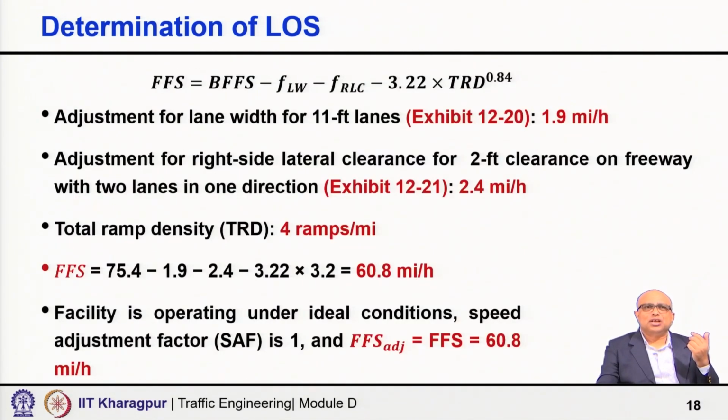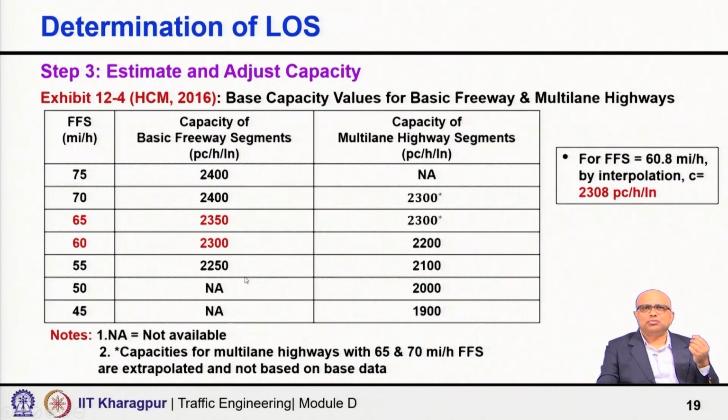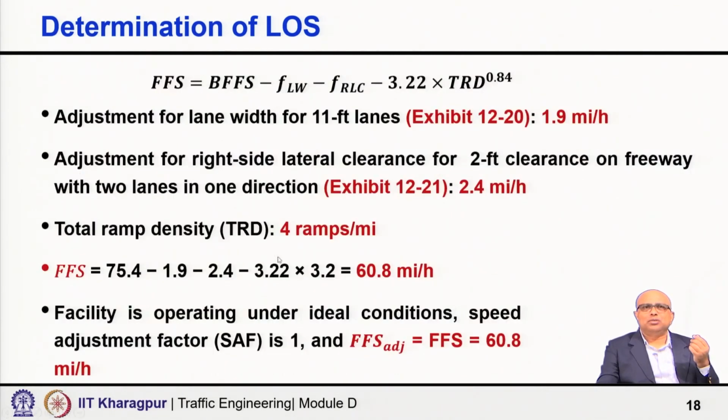So, use 75.4 minus 1.9 minus 2.4 minus 3.22 times TRD to the power 0.84, which is 3.2. So, 60.8 miles per hour. This is my FFS, taking BFFS as 75.4, the default value for freeways.